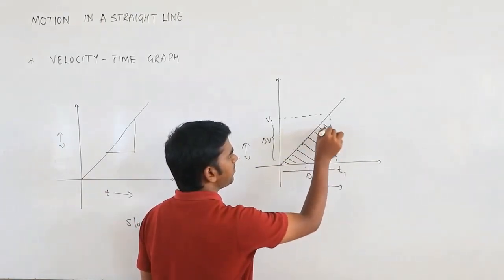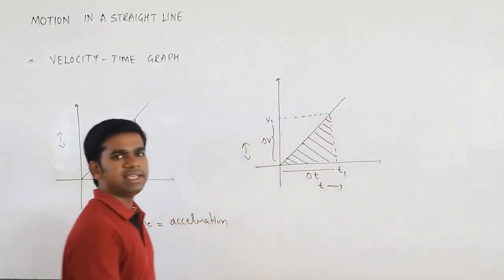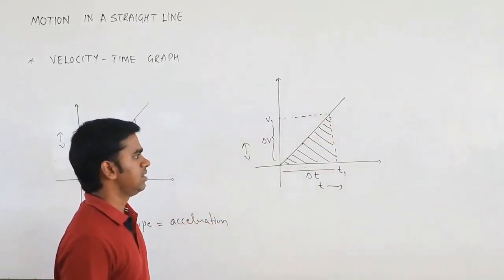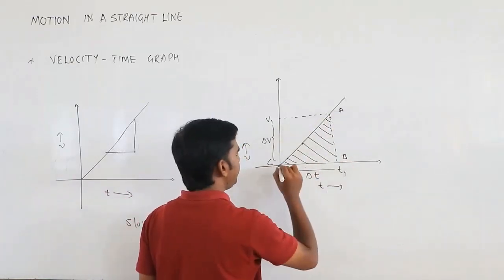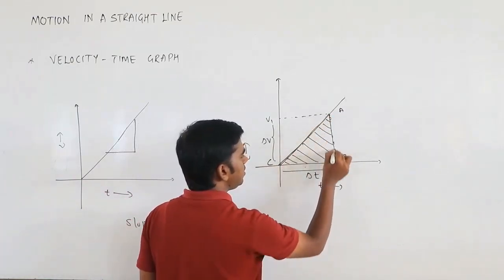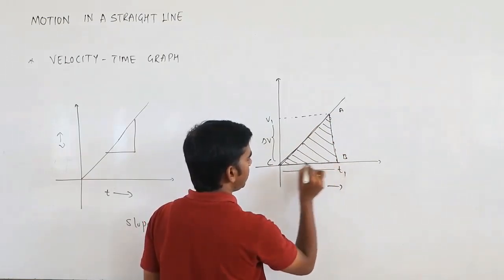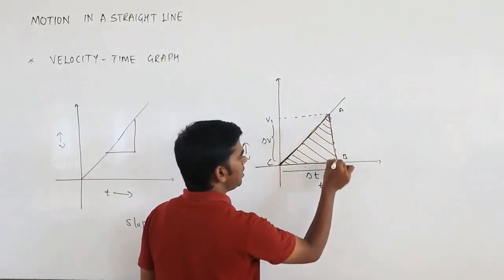this area, what will I get? How can we calculate this area? Suppose you take A, B, C. This ABC is going to be a triangle.